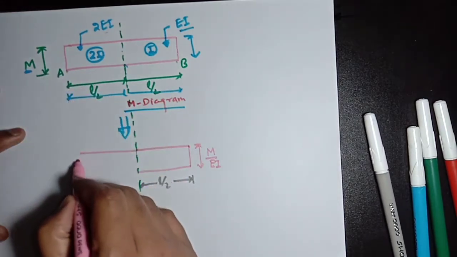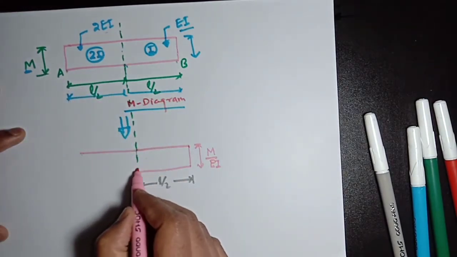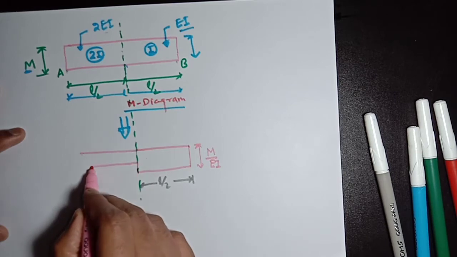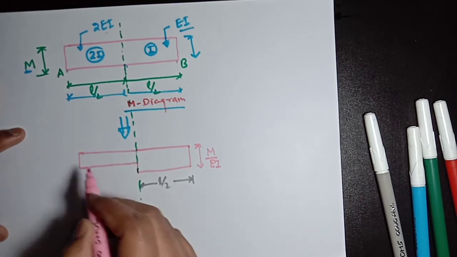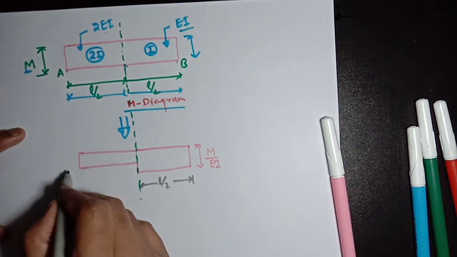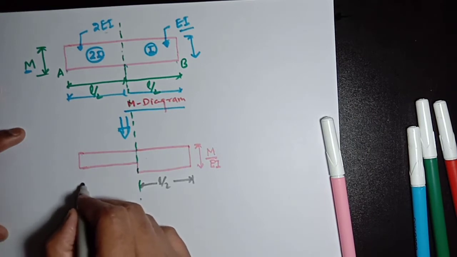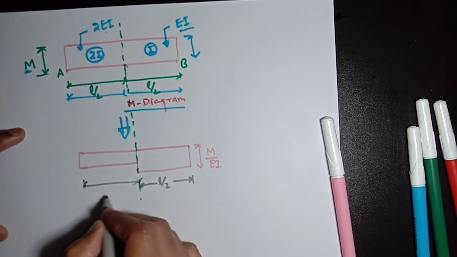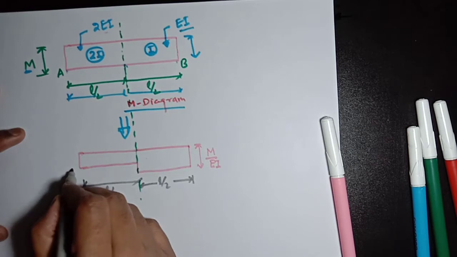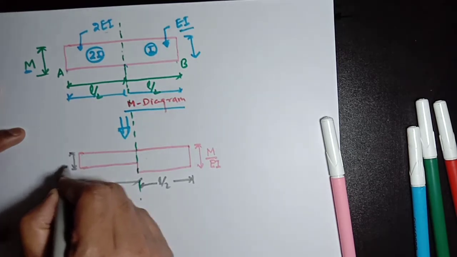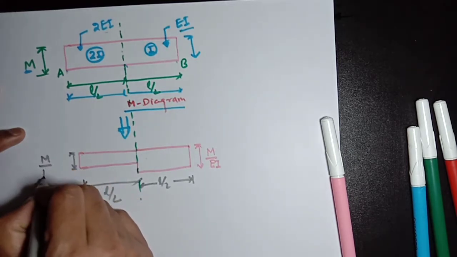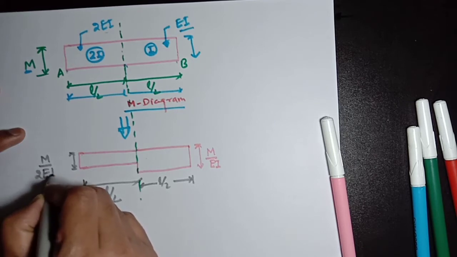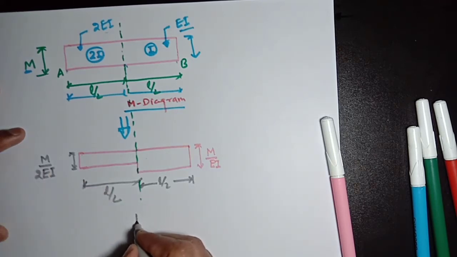This value will change sharply here, and it will be like this. Here the length is L by 2, and the value is M over twice EI. This is the M over EI diagram.